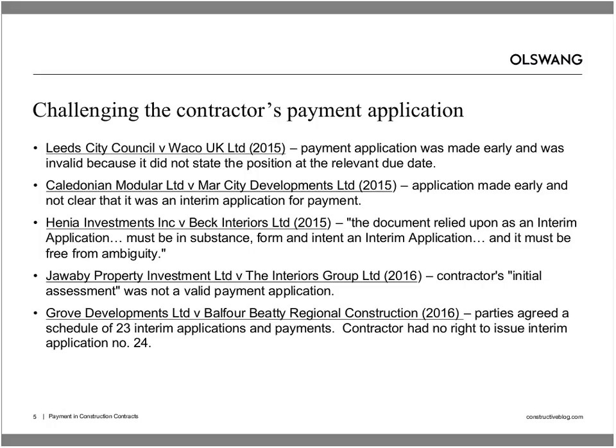So in those circumstances, the contractor accepted that its April application had been made too late for the April payment cycle, but then argued when it didn't receive a valid payment notice or pay less notice in May, that effectively its April application had become a default payment notice for the May application date, and the court said that no, the application wasn't valid because it was clearly intended to relate to April and not to May, and was therefore not free from ambiguity.